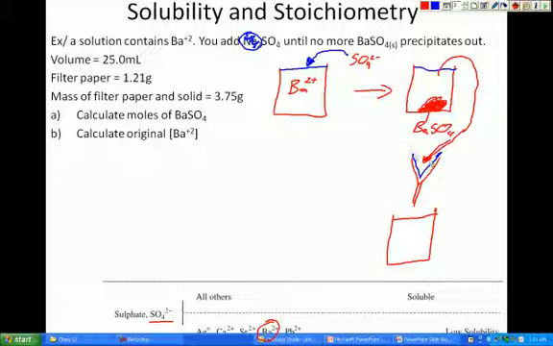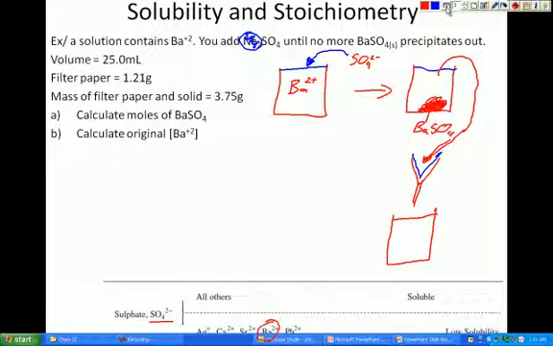And so the paper plus the barium sulfate equals 3.75 grams. And then the question asks, calculate the moles of barium sulfate and calculate the original concentration of this cation right here. Okay, so now that we know what is happening, we're going to calculate some of these things.